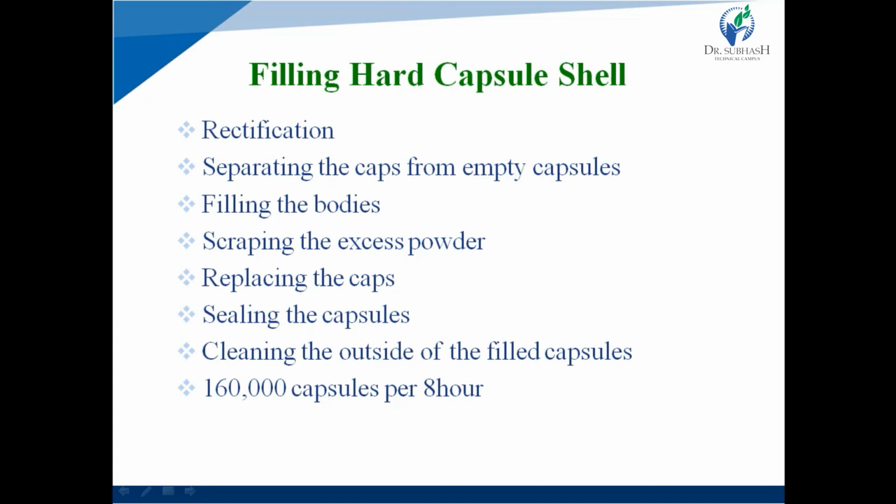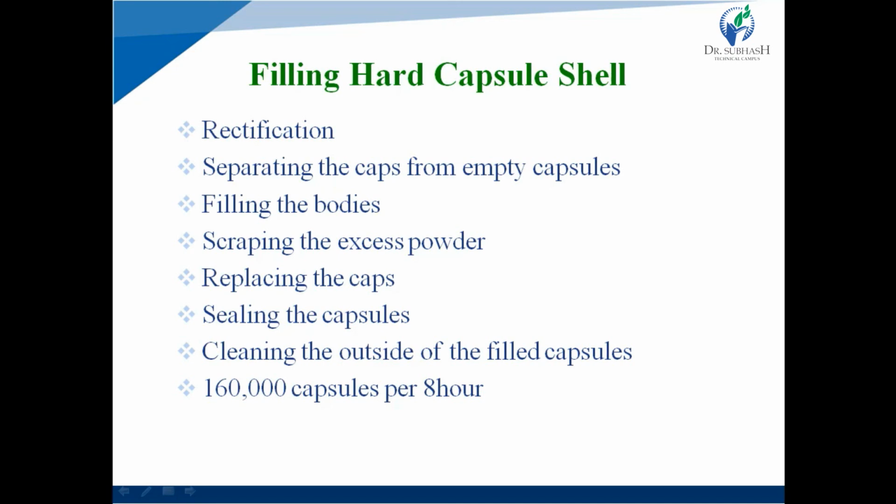The Zanasi or Martelli encapsulator is used, which forms a slug in a dosator, which is a hollow tube with a plunger to eject a capsule plug. Next one is scraping the excess powder.